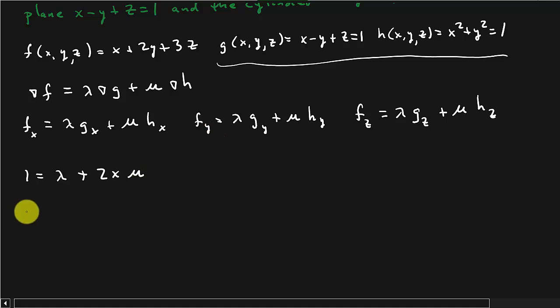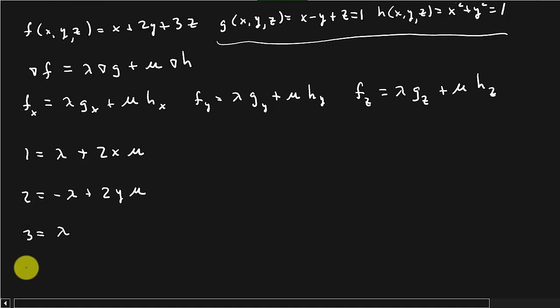Then the partial of f with respect to y is 2, which equals negative lambda plus 2y times mu. The partial of h with respect to y is 2y, times the mu. And then the partial of f with respect to z is 3, which equals lambda.